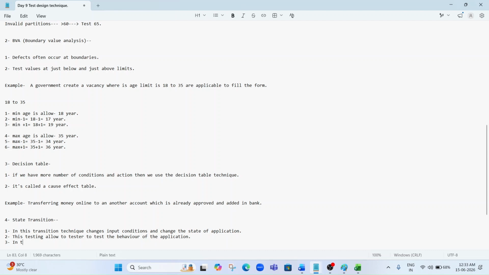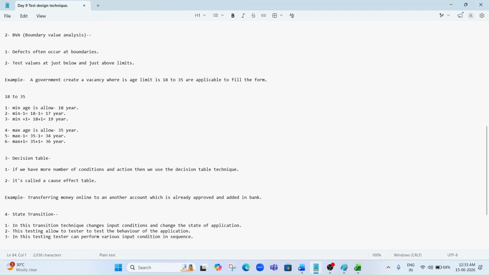And the third one is, in this testing, the tester can perform various input conditions in sequence. In the same sequence, they will perform various inputs and conditions.